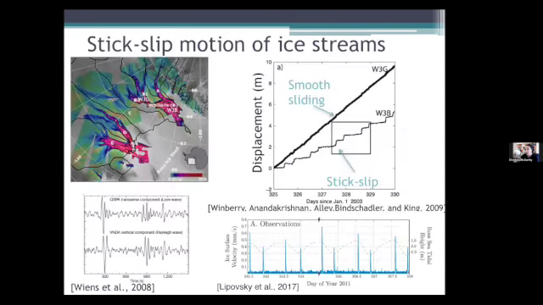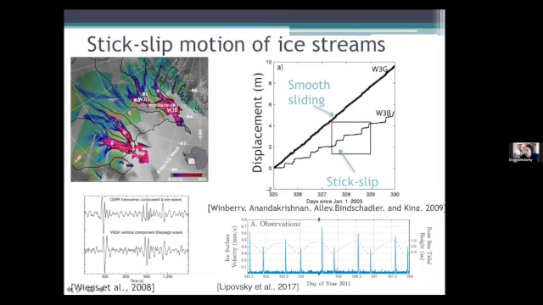But returning to this Whillans ice stream, I had mentioned that part of it is stick slipping, and this isn't so random. It actually appears to be modulated by the tides as well, such that right after high tide, there's an event, and right after low tide, there appears to be an event.